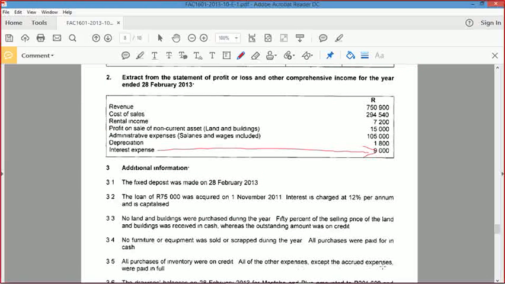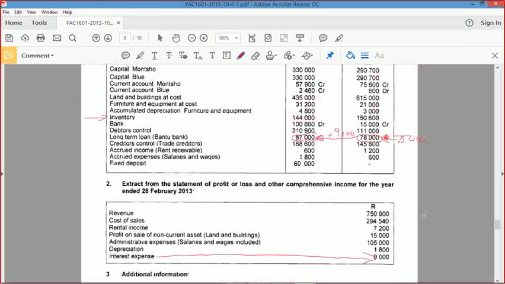The accrued expenses, right. All other expenses were paid for in full except the accrued expenses, so we need to look at the accrual. What accrued expenses do you have? Salaries and wages. Increase or decrease? An increase.